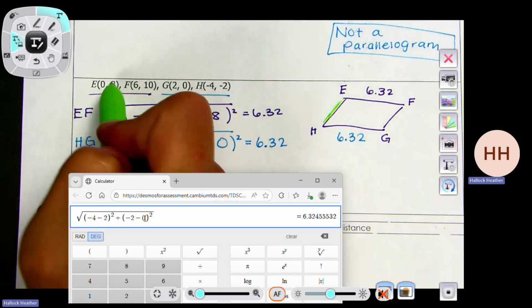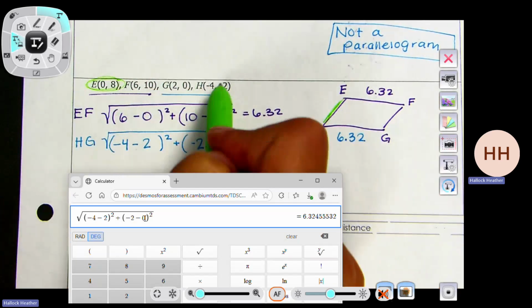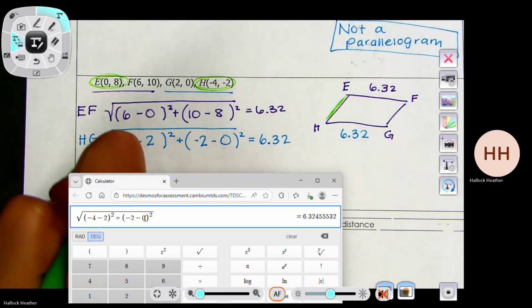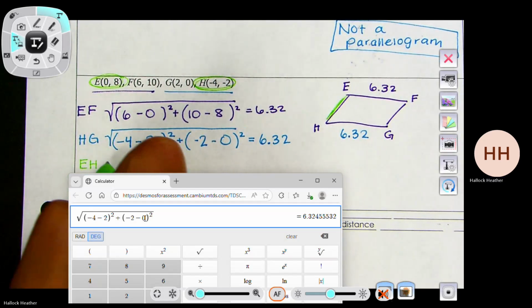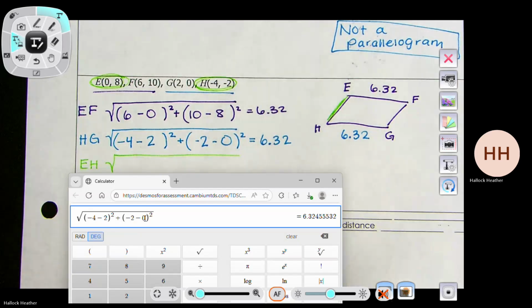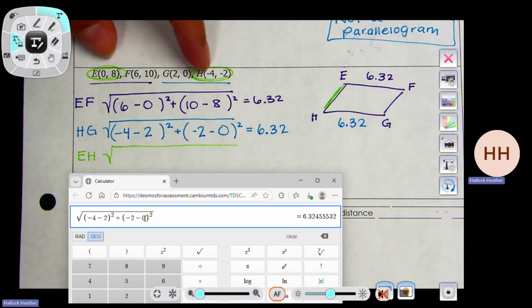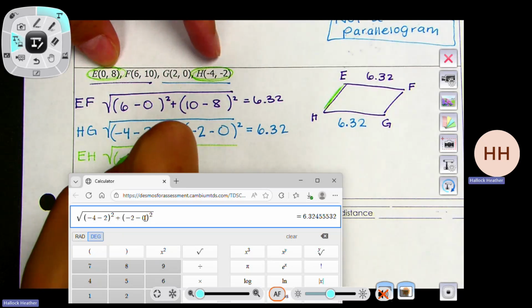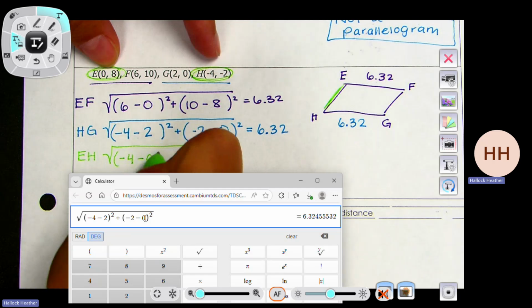So E is the first and the last. So EH, just focus on these two. You're doing x2 minus x1. So -4 minus 0.